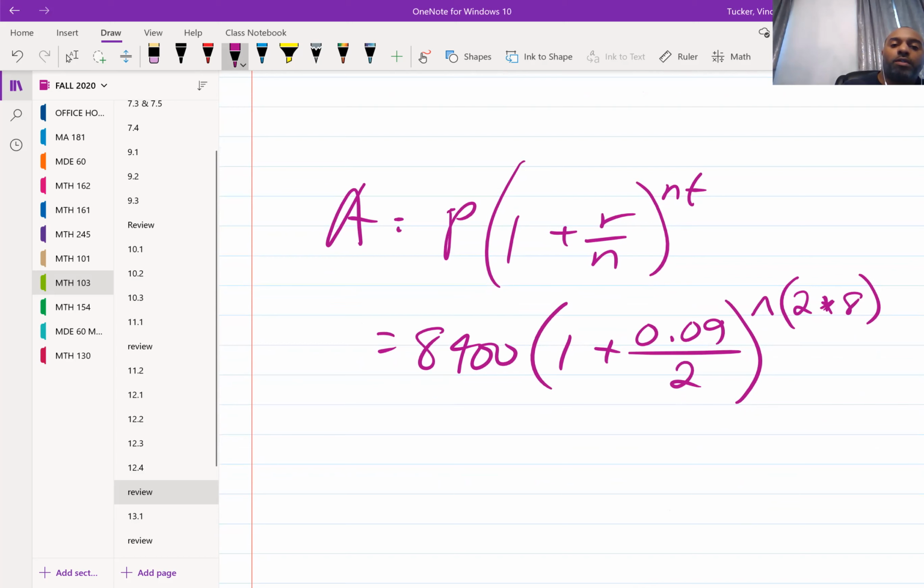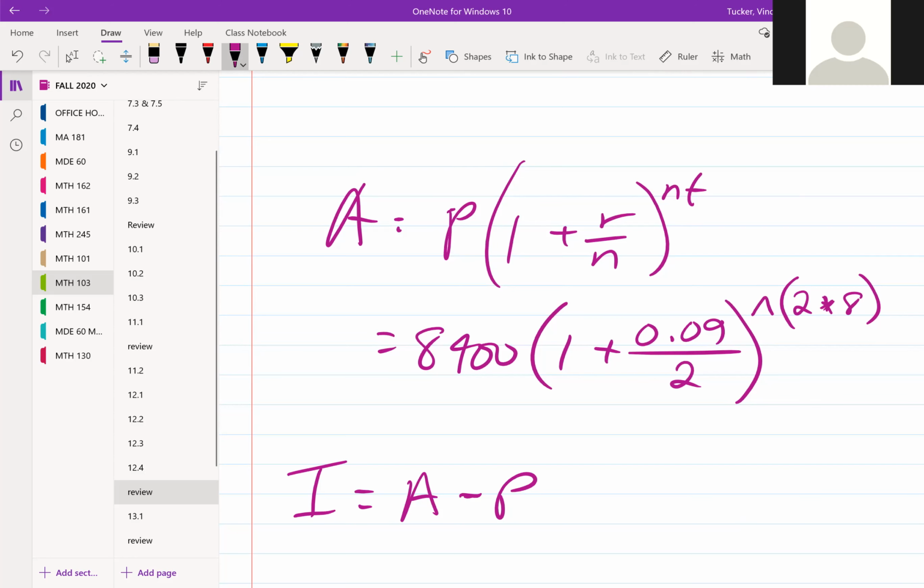So this is your maturity value, A. Now it asks for the interest earned. So don't forget to calculate your interest earned. You always have to do A minus P. In other words, if you had $500 and then after a certain amount of time you had $600, in order to figure out how much interest you earned, you have to do 600 minus 500.